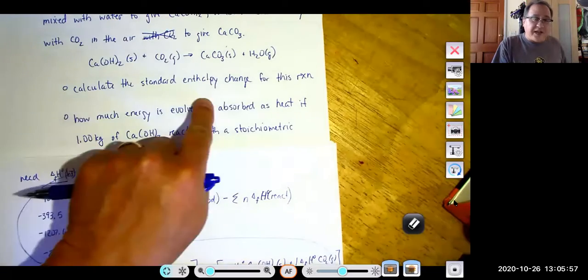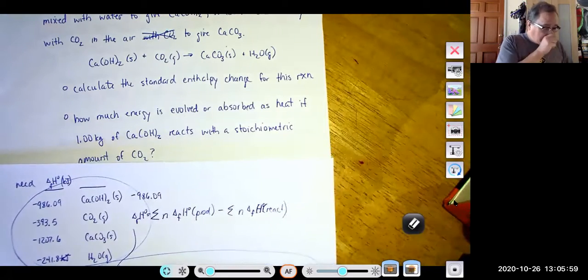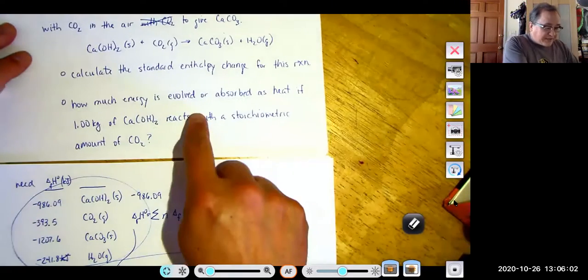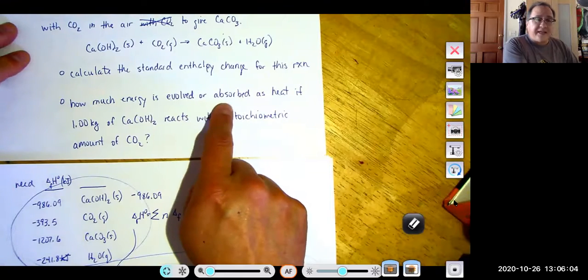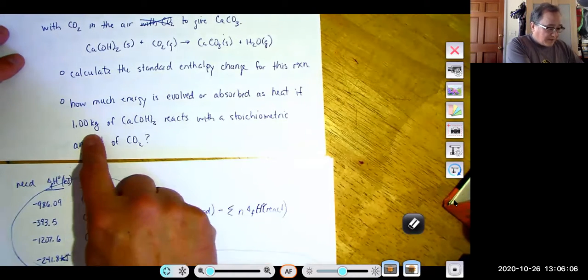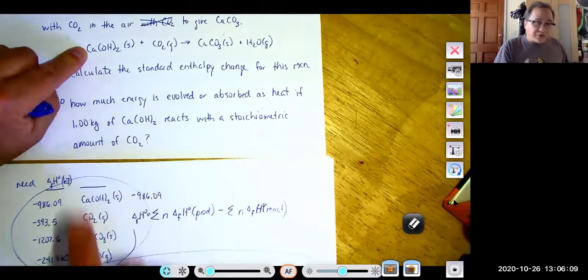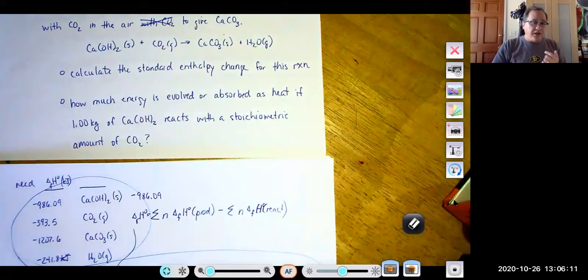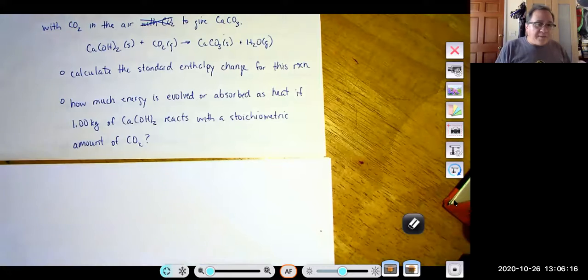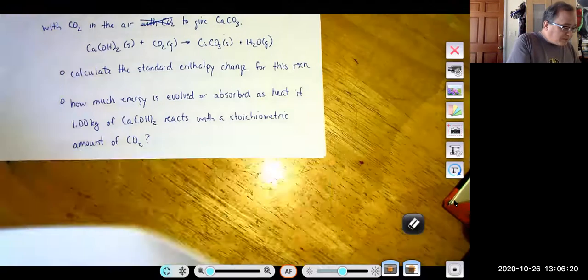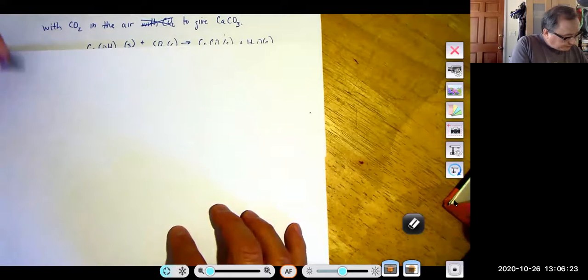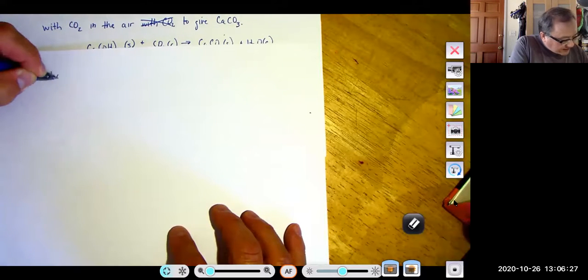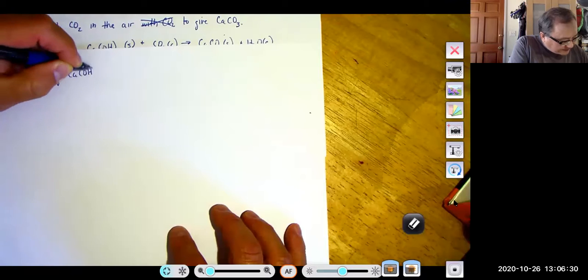Calculate the standard enthalpy change for this reaction. Now, how much energy is evolved or absorbed as heat if 1 kilogram of calcium hydroxide reacts with a stoichiometric amount of CO2? So stoichiometric amount of CO2 means the precise right amount so that all of the calcium hydroxide reacts. And to do that, we would take our 1.00 kilograms of calcium hydroxide.